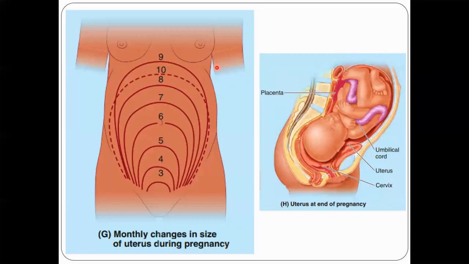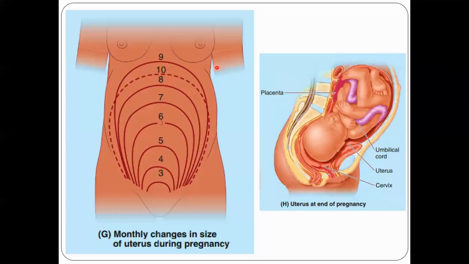We talked last time that the uterus in pregnancy increases in size, and the increase in size of the uterus is mainly due to hypertrophy and to a lesser extent due to hyperplasia. We said these two terms, hyperplasia and hypertrophy, represent the modes of growth of organs.